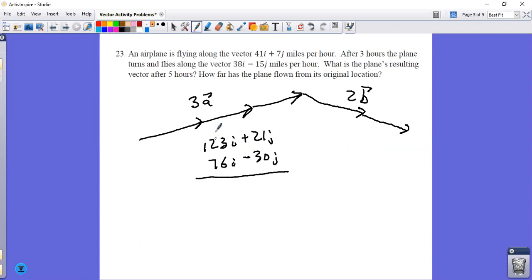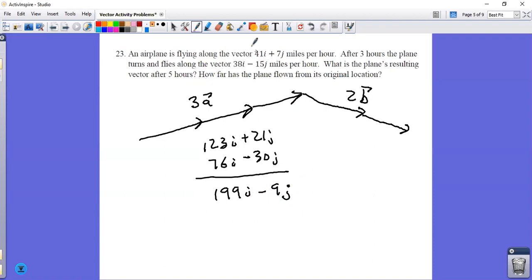So the results are 123 plus 76, 199I minus 9J. So that's the direction it's going in.